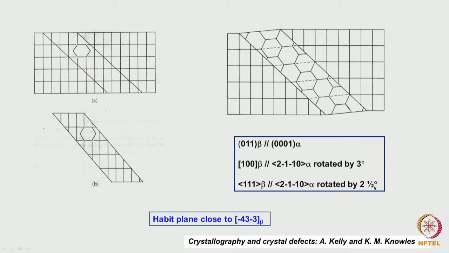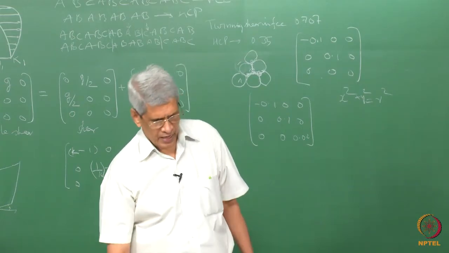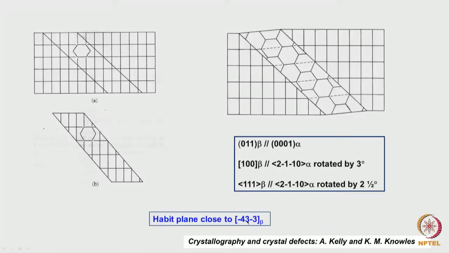Then when the orientation relationship was found in these samples using TEM examination, it was noticed that about 2 to 3 degrees is the mismatch between these orientations. That matches well, and the habit plane was found close to 4 bar 3 3 bar, and the experimentally determined habit plane from analysis of micrographs also turned out to be the same value.